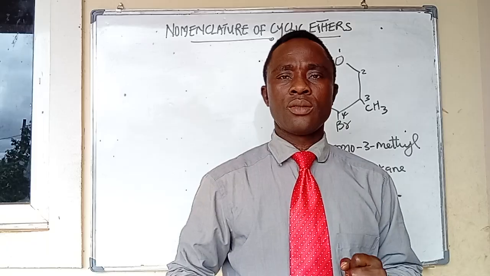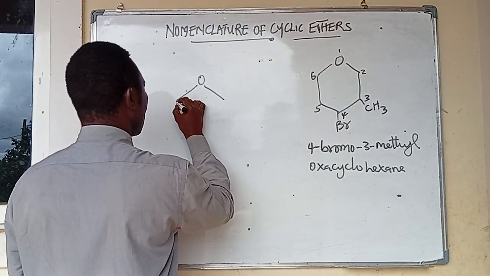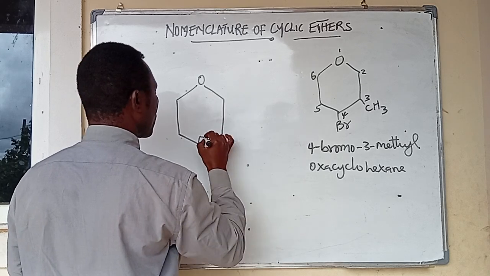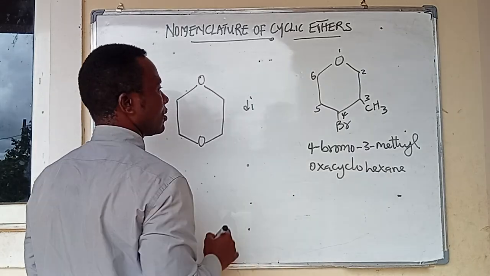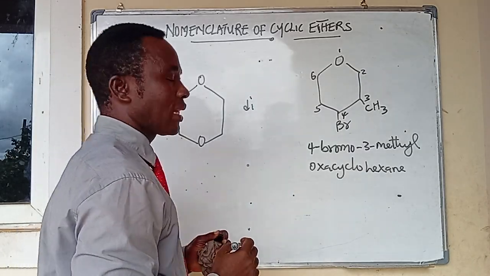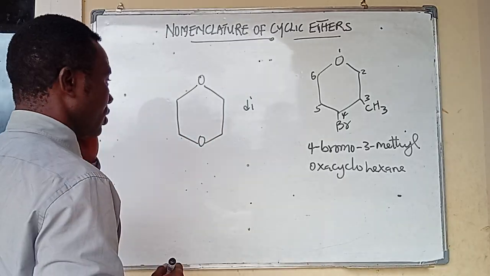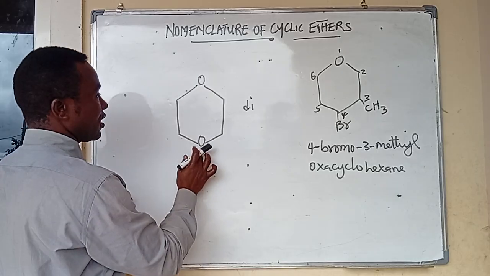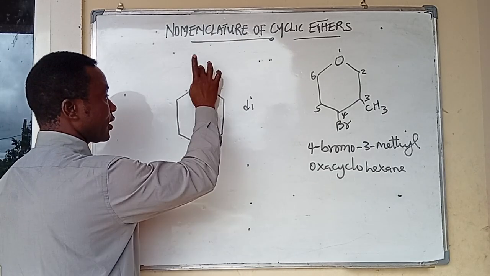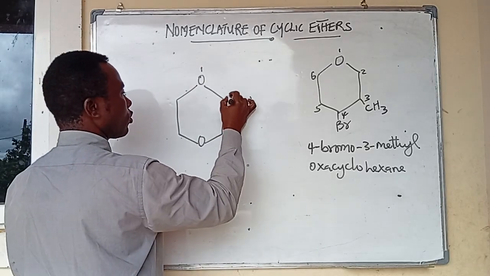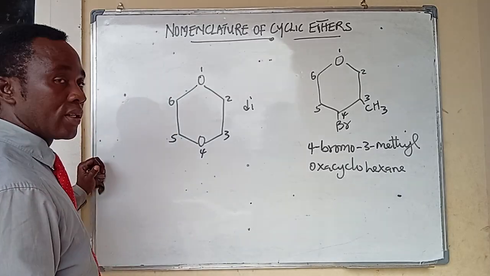Now, another situation that you can encounter while naming the cyclic ether is a situation whereby you have 2 oxygens in the ring. Something like this. We have oxygen here, and the oxygen also right here. We use di in that case to represent the oxygen. Now we can take either of these as the atom number 1. So if we have this one, we have 2, 3, here will be 4, here will be 5, and here will be 6.